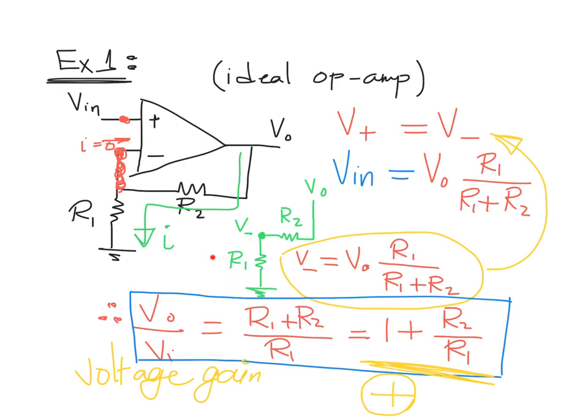V minus across the resistance R1 will be Vo, which is the total voltage across the series resistances, multiplied by R1 over the summation of both resistances. So V minus finally will be Vo multiplied by R1 over R1 plus R2.